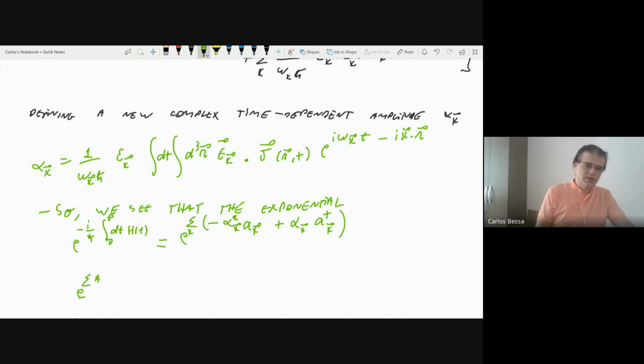Let's say a's: exponential of a1 plus a2 plus a3 is the same as exponential of a1, exponential of a2, exponential of a3, and so on. That's the same with the product.